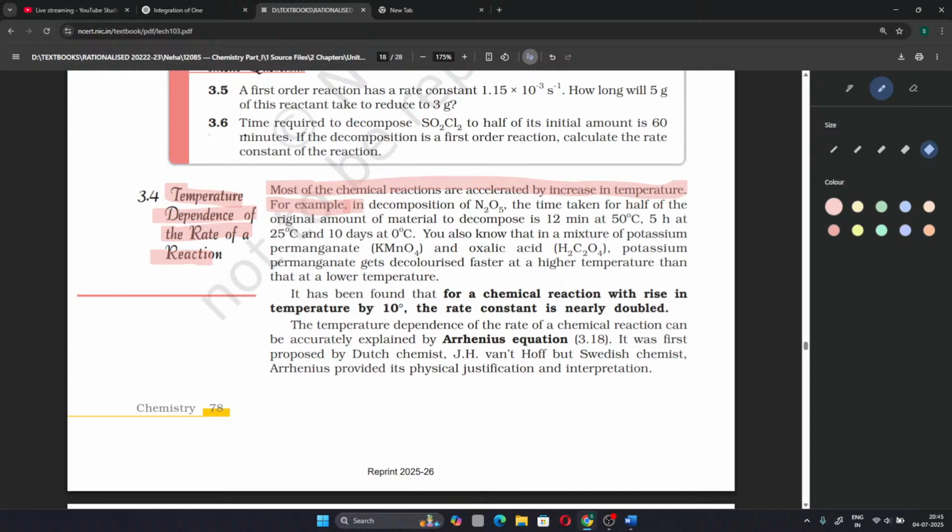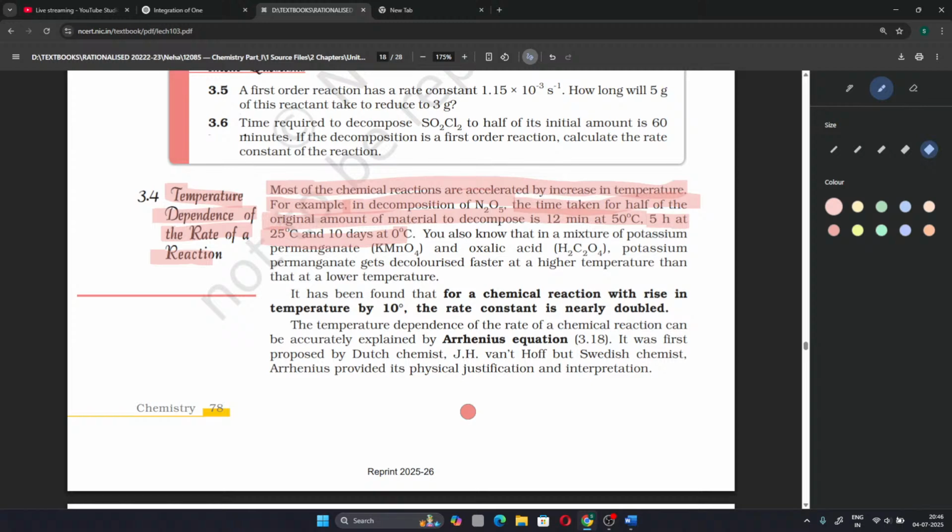For example, in the decomposition of dinitrogen pentaoxide, the time taken for half of the original amount of material to decompose is 12 minutes at 50 degrees, 5 hours at 25 degrees, and 10 days at 0 degrees. At 50 degrees it happens as fast as 12 minutes, at 25 degrees or room temperature it takes 5 hours or so, but at 0 degrees, a drastic change, it takes 10 days for the half reaction to happen.